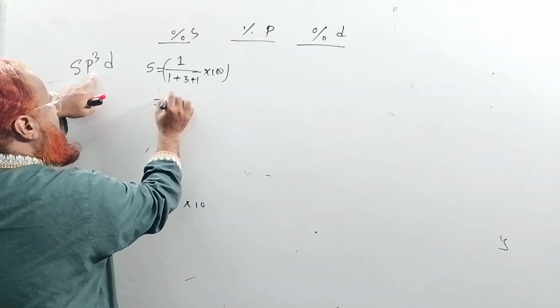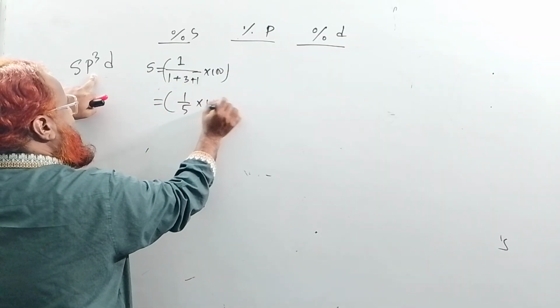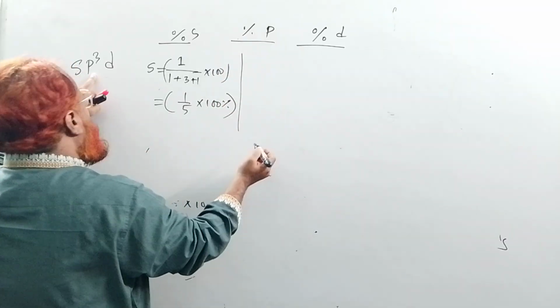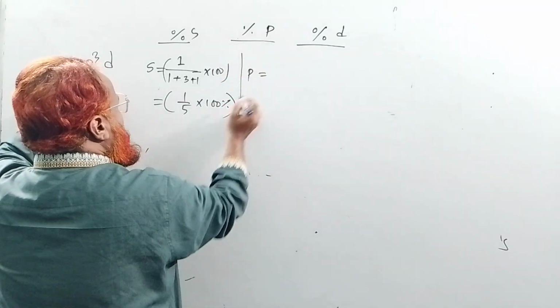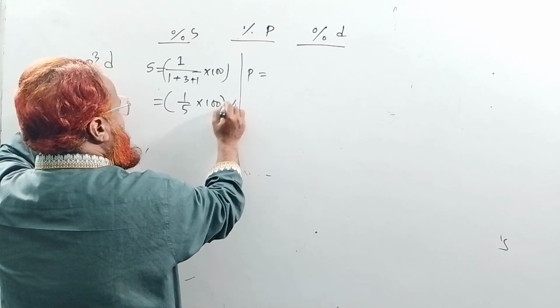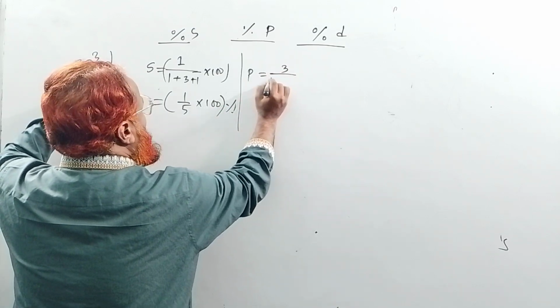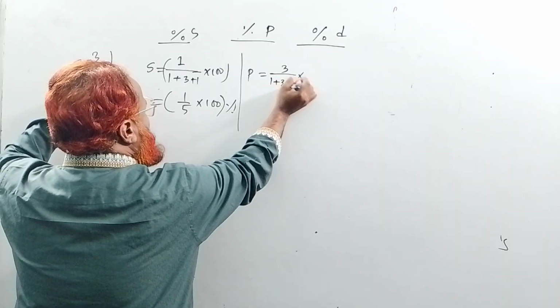So what will be the result? 3 plus 2 is 5, so 1 by 5 times 100%. Now in case of p, p is 3, over 1 plus 3 plus 1, that is 100%.